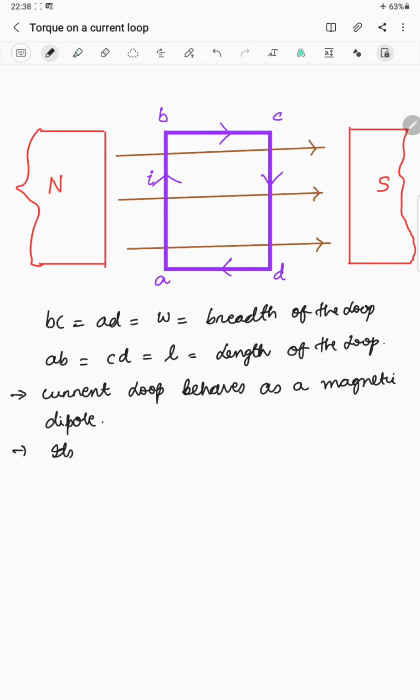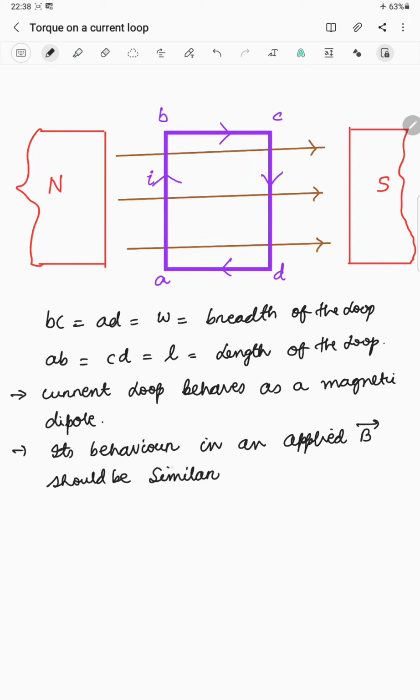Now the current loop's behavior in an applied magnetic field should be similar to that of an electric dipole in an electric field.